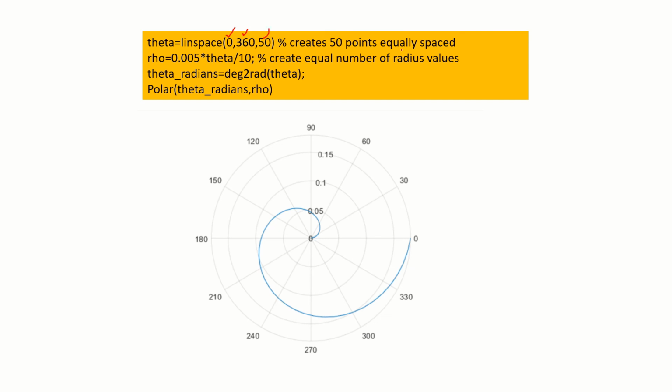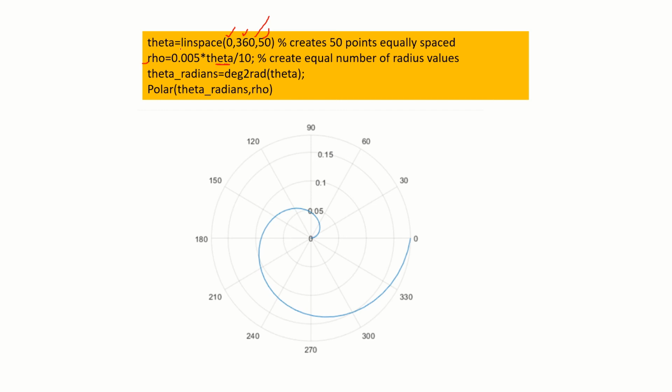It creates 50 equally spaced theta values. 360 degree, 50, right? Those values you can see now. So you can get those 50 equally spaced values. Then theta 1, theta 2, theta 3, up to theta 50, you can generate. Those values of theta you substitute over here.